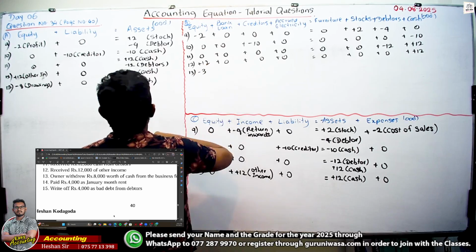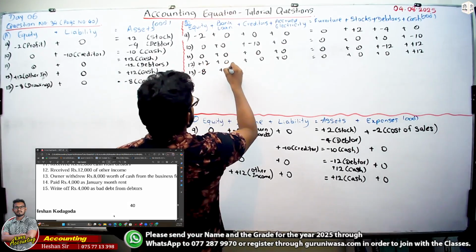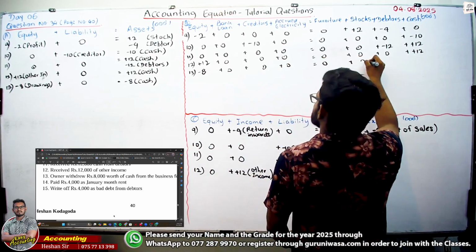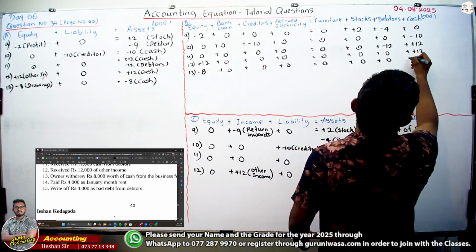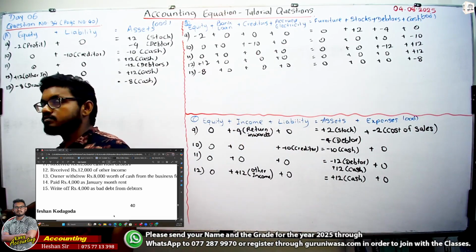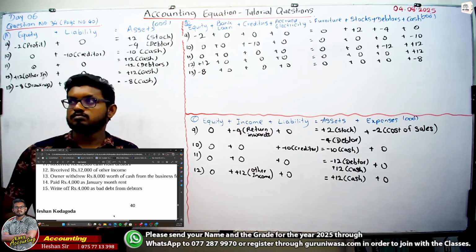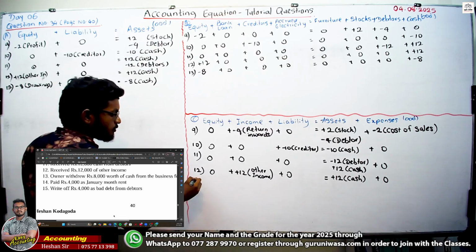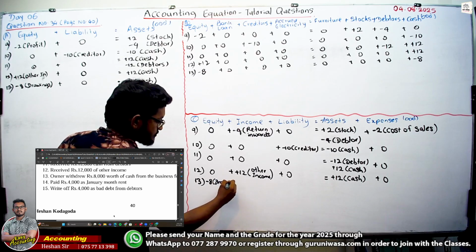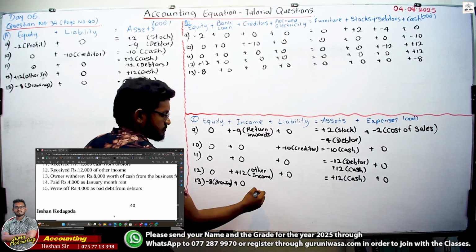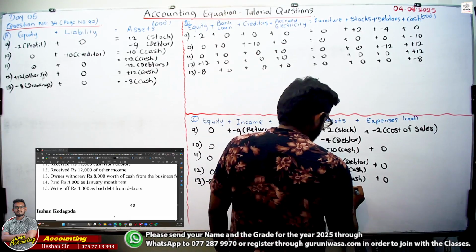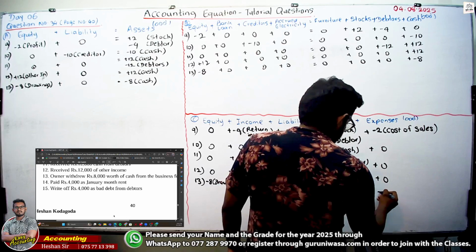Equity decrease 8,000. Cash decrease 8,000. Now in this formula we can deduct 8,000 because of drawings in here. Minus 8,000 cash. See.